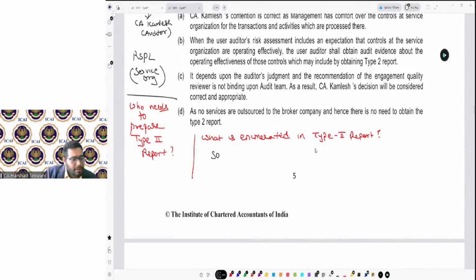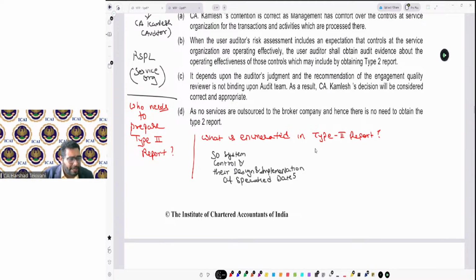So basically, if I say type 1 report, it talks about the service organization system, control, and their design and implementation at a specified date. Now this is prepared by management.